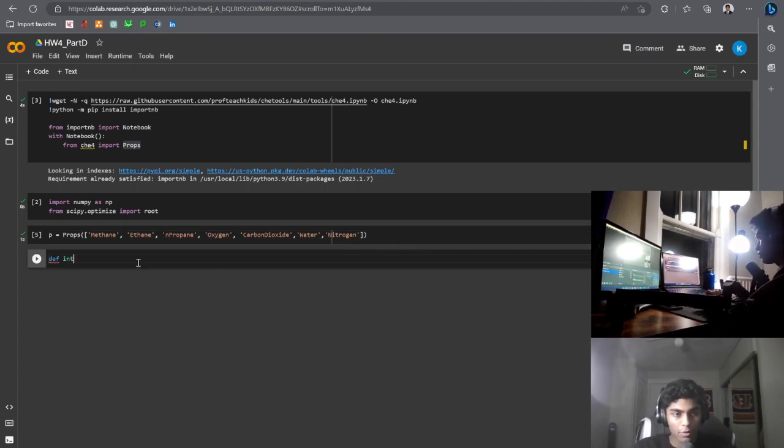So we're going to define the integral of our CP, our specific heat, with respect to temperature. And we're going to return, let's see, what are we returning here?